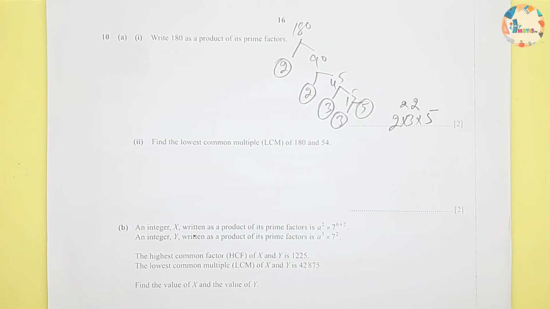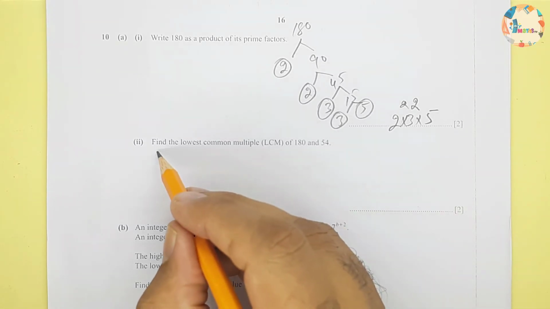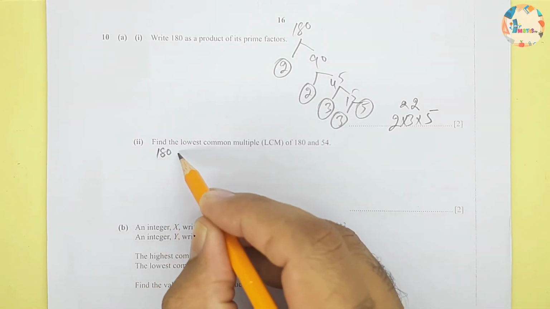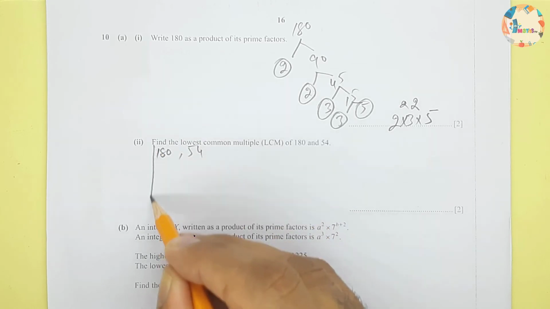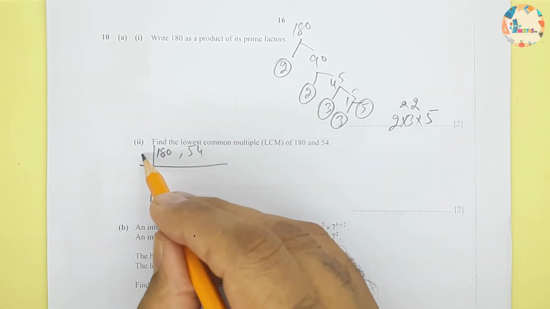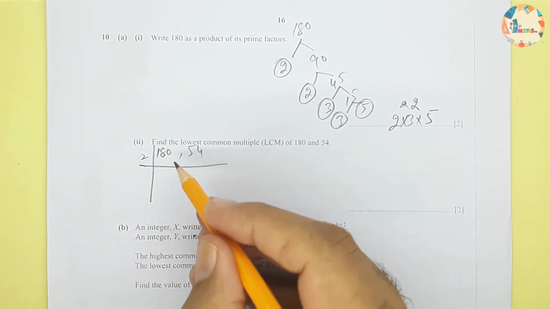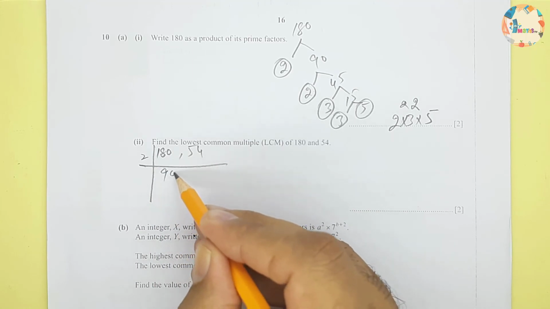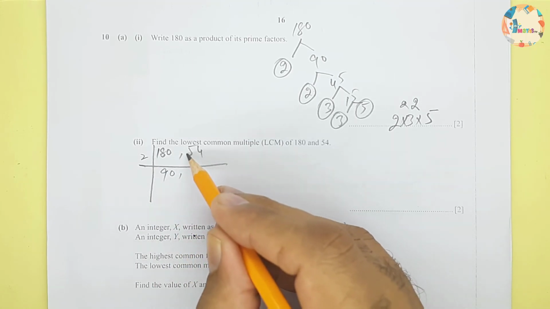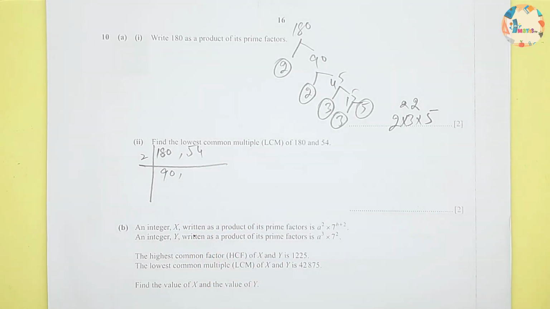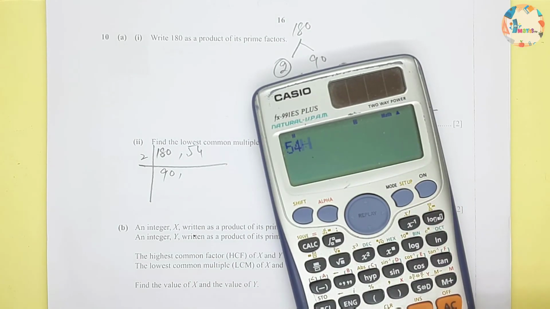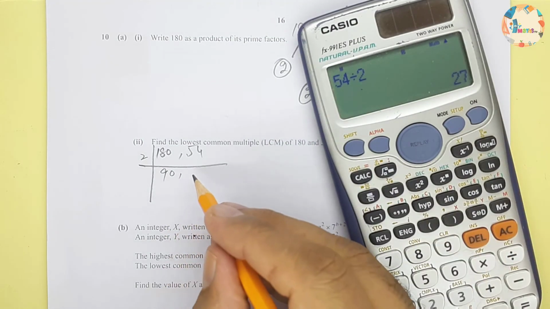Find the LCM, least common multiple, of 180 and 54. So for 180 and 54 we will use the division method. So 2, and this will be 90, this will be 27. 54 divided by 2 will be 27.